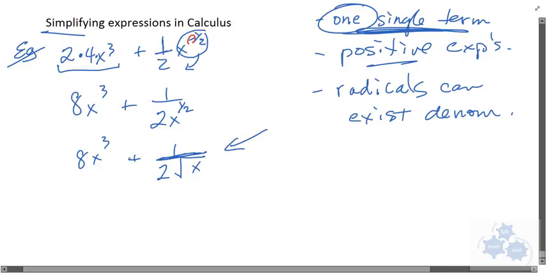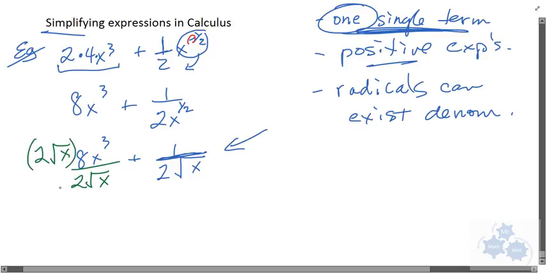Very good. So if we want to do that, I have a 2 root x in this denominator, and right now over here I just have 1. So let's multiply this term over here, top and bottom, by 2 root x. And that means a 2 root x is to go up top there too.